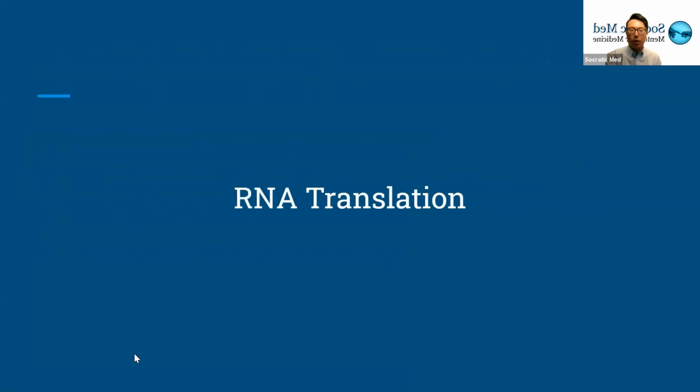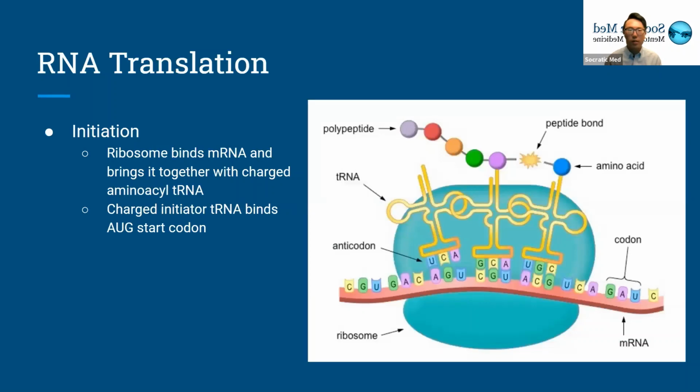And I'm going to go over RNA translation. So how is the RNA used to form proteins? In RNA translation, the first thing is initiation: the ribosome binds to the mRNA sequence that was transcribed.